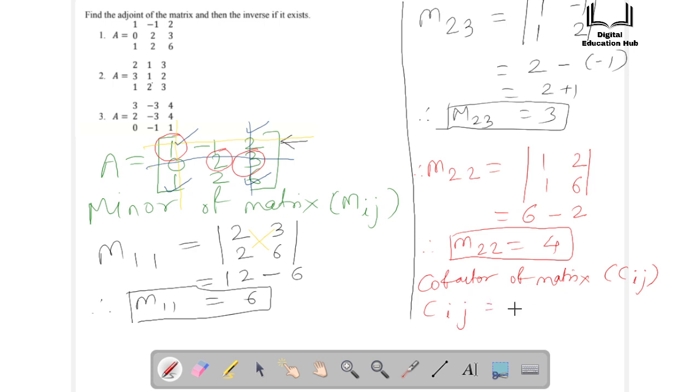Cij can be written as minus 1 raised to i plus j into Mij. This is your formula. By using this formula, we can calculate, where i and j stand for rows and columns.